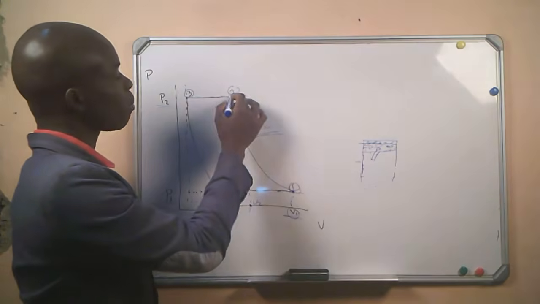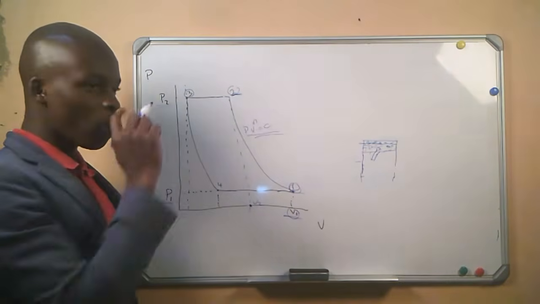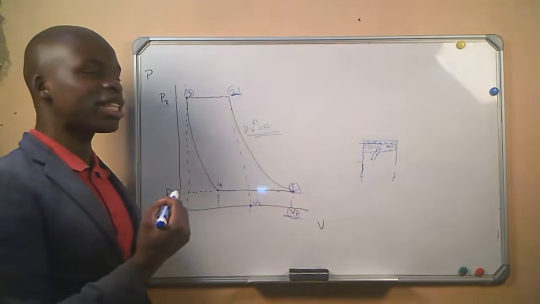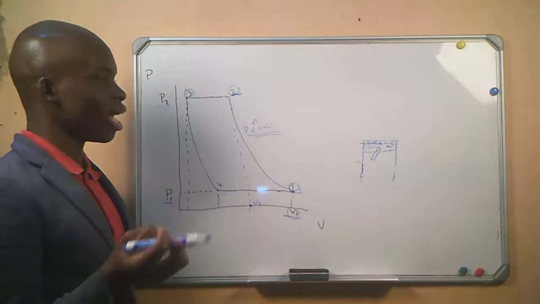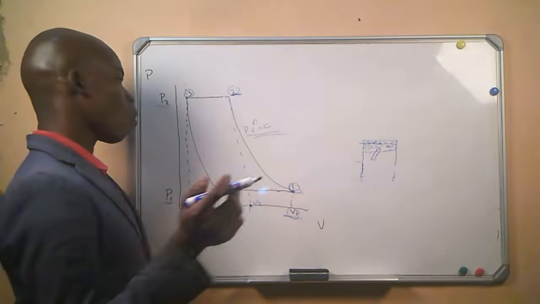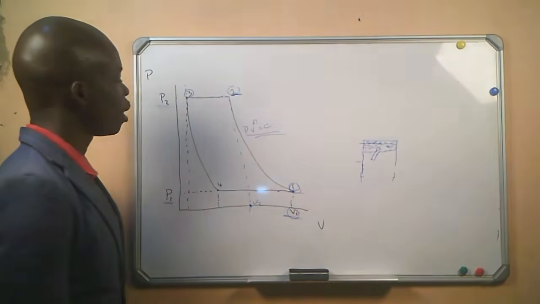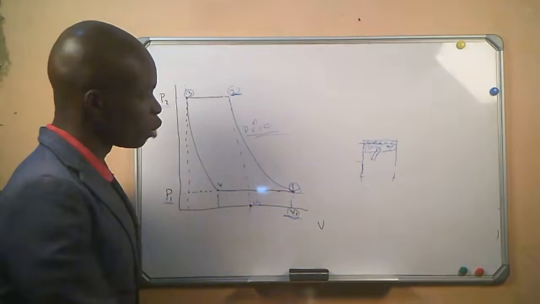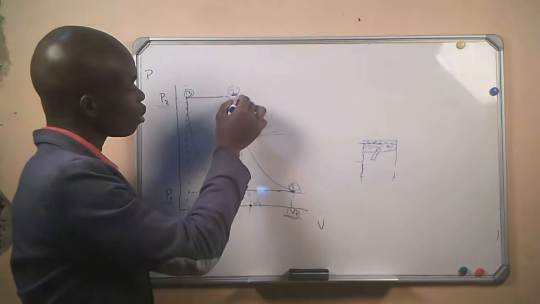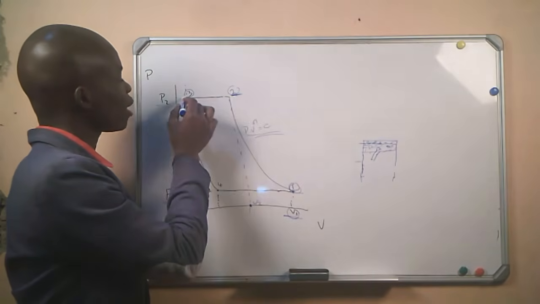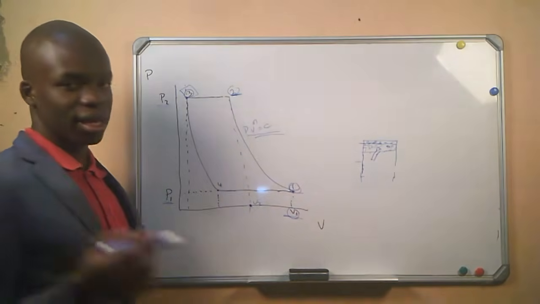And then from number 2 to number 3, we are delivering the air that we have compressed to whatever storage we are storing the air in, or whatever use we will be putting the air to. So from point number 2 to point number 3, we are delivering the air.